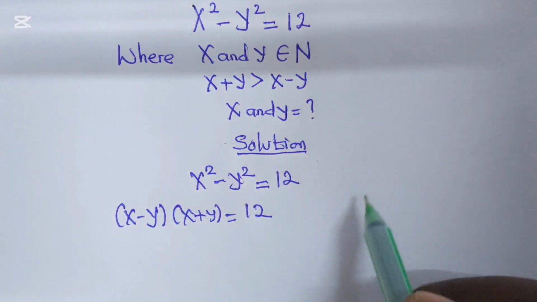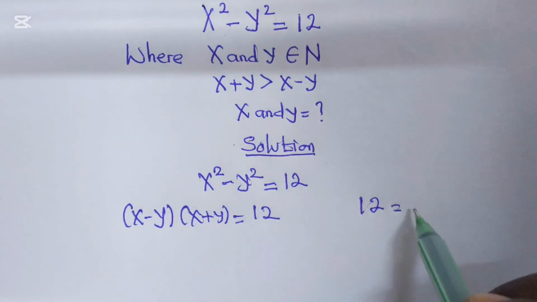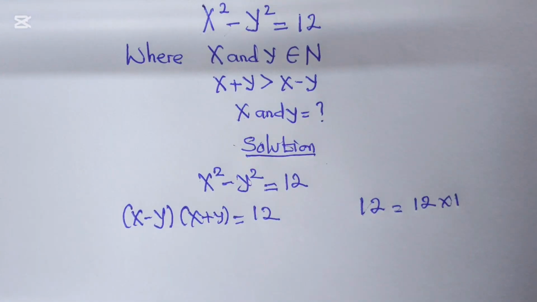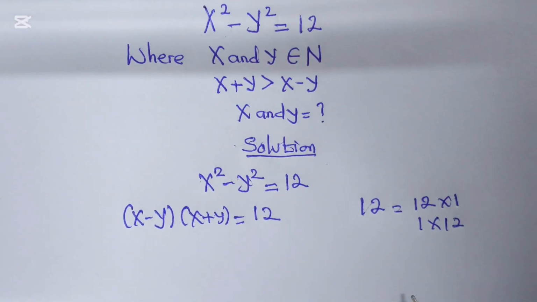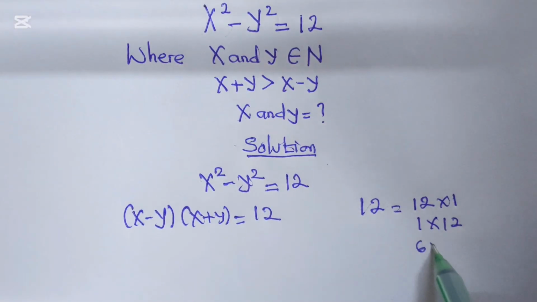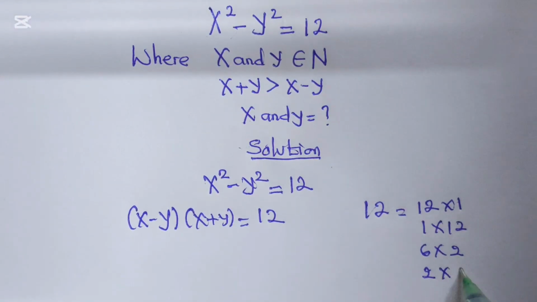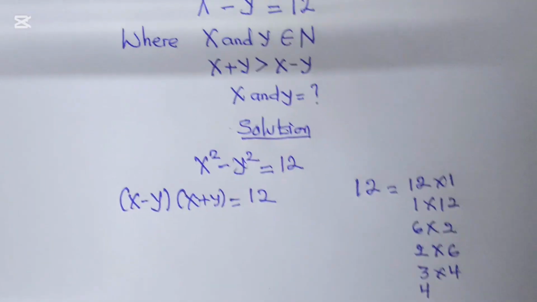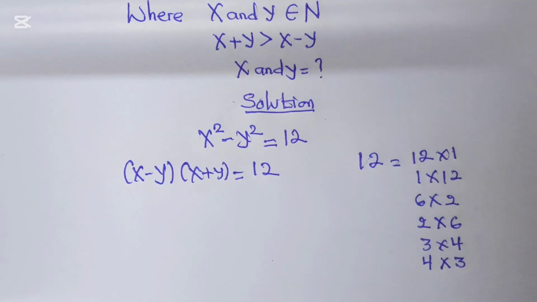Here we can say 12 is equal to 12 times 1, or 1 times 12. We can say 6 times 2 and 2 times 6. We can say 3 times 4 and 4 times 3.